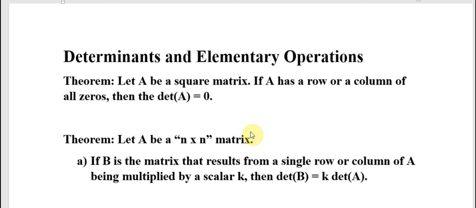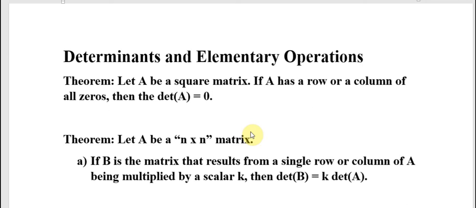They have here some properties for a theorem that shows you what you need to watch out for. Well, first, if a matrix is square, and if that matrix A has a row or a column of all zeros, then it's easy. The determinant is equal to 0.